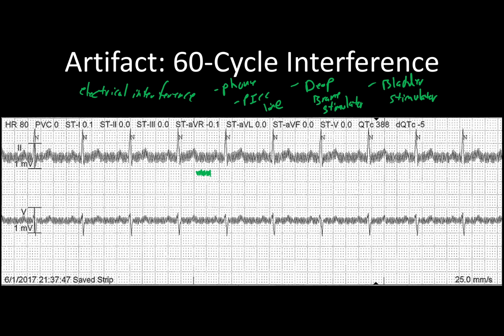Everything else in a hospital room has been pretty well insulated: the bed, the IV pump, the other monitors typically don't cause this, which is why it's a pretty odd list of things that tend to create this. Remove the item if you can, or adjust your leads a little bit if necessary, but by and large, with some of these, there's not much you can do about it, and you're just stuck with it.